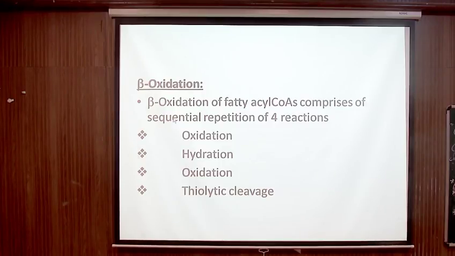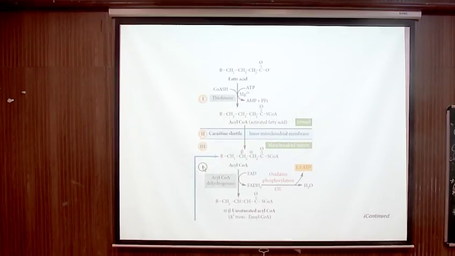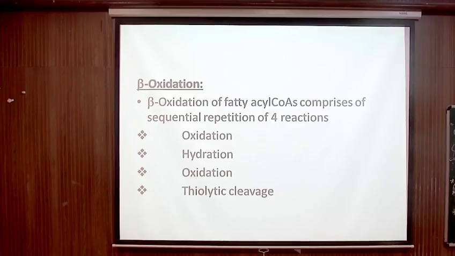So what are these 4 steps that take place, that is the beta oxidation proper, to give that acetyl coenzyme A molecule? Let us see. Beta oxidation of fatty acyl coenzyme A comprises sequential repetition of 4 reactions. They are oxidation, hydration, oxidation and thiolytic cleavage, which means there is a break.